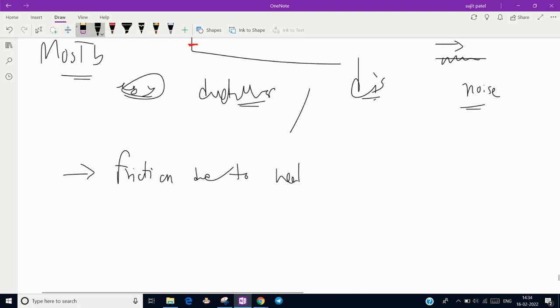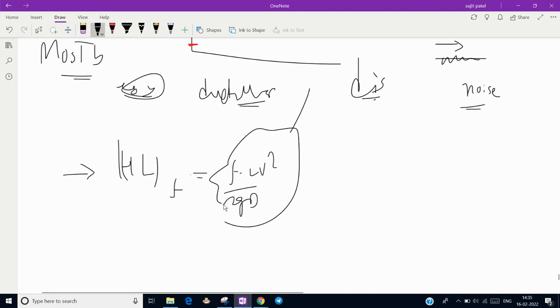Head loss due to friction is f L v square upon 2 g D. So this is the major friction that we are taking, but we are not considering the minor losses.